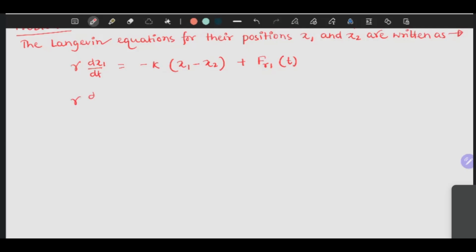Similarly, gamma dx2 dt is equal to minus k (x2 minus x1) plus f r2 of t.